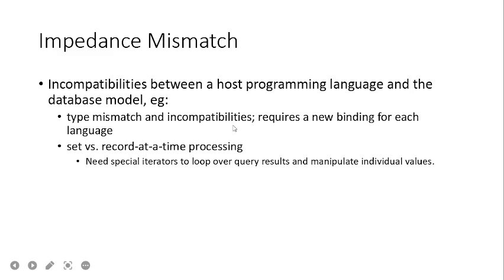So a cursor or an iterator variable is typically used to loop over tuples in a query result, and individual values within each tuple are then extracted into distinct program variables of the appropriate type. So we'll be able to use these cursors or iterators to access individual tuples or individual values within each tuple.